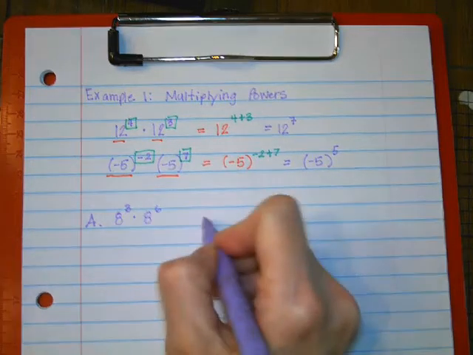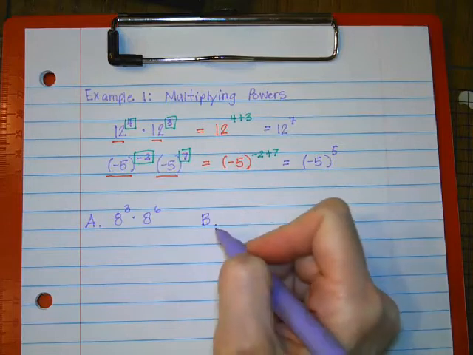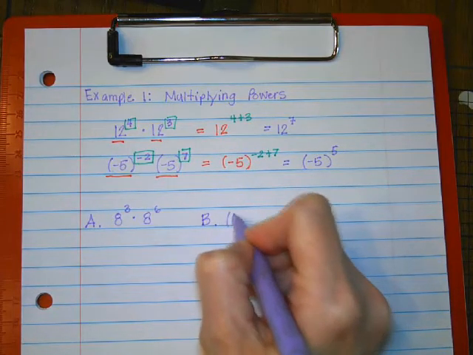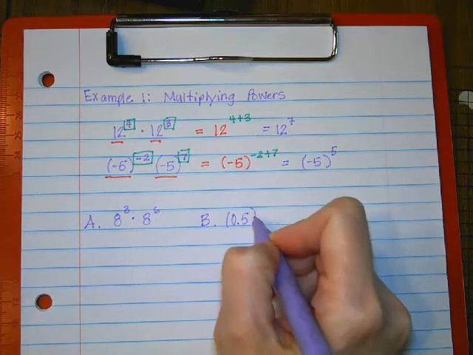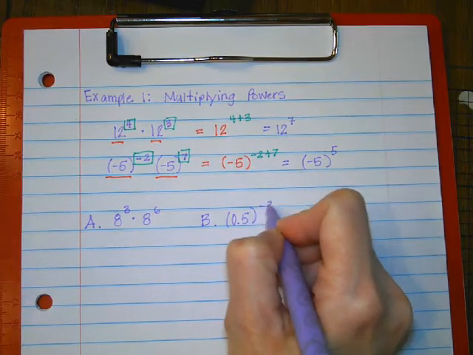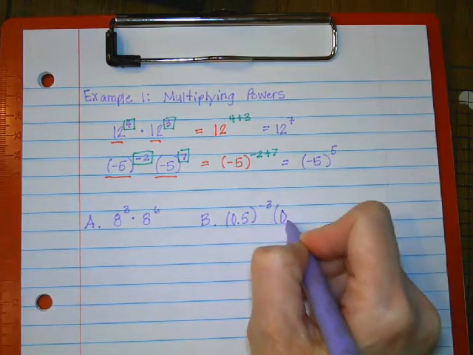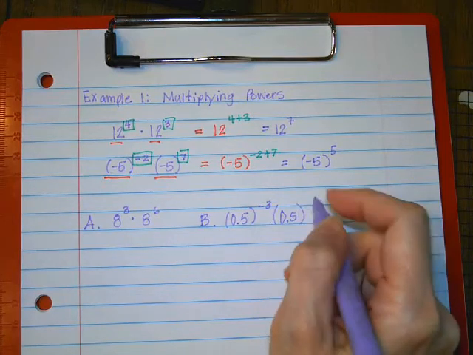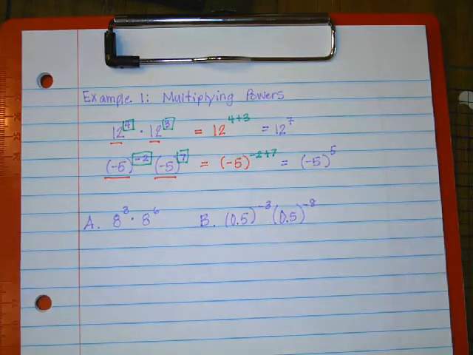All right, our B has 0.5 raised to the -3 times 0.5 raised to the -8.